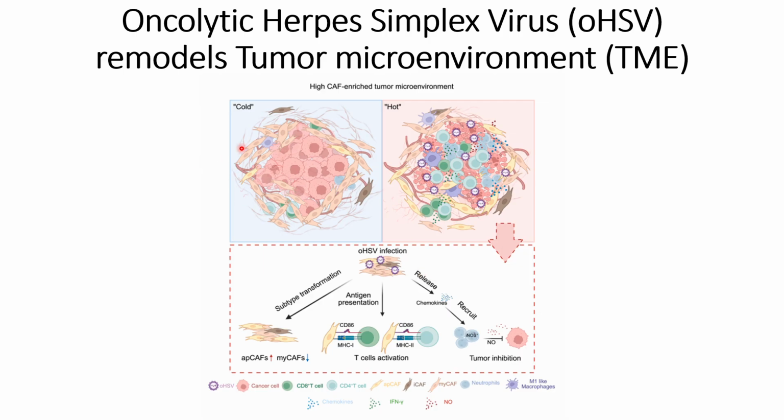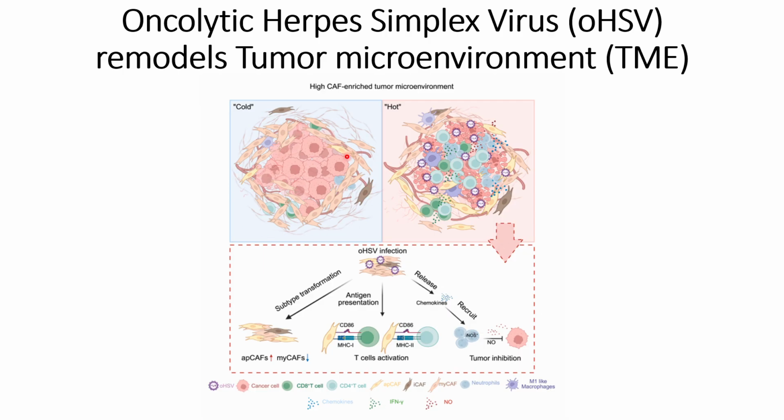Now let's come to the cold case. In the cold case, the immunosuppressive environment is very strong. It can be seen here, where it is surrounded by cancer associated fibroblast.